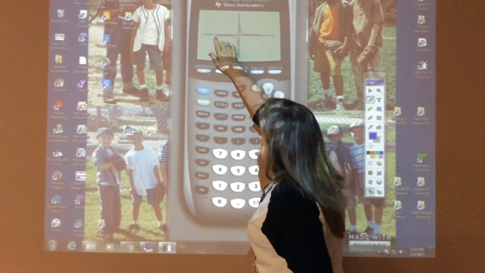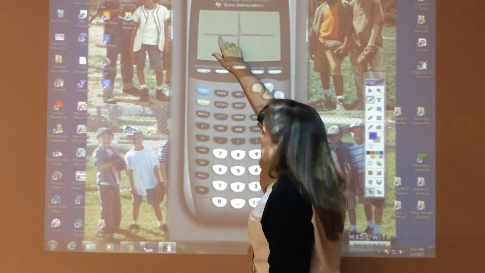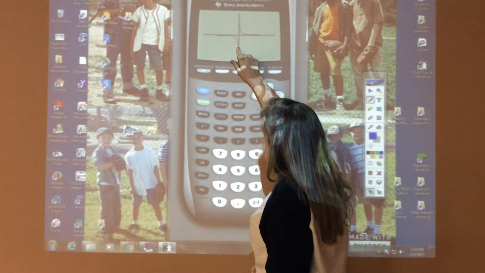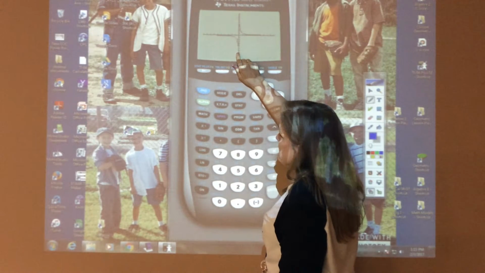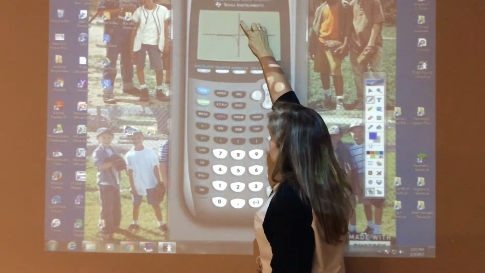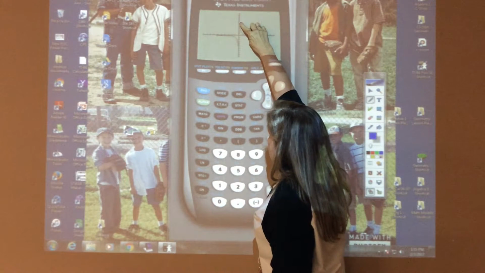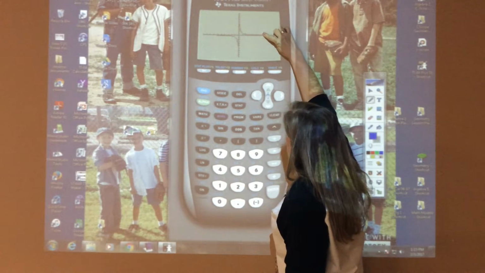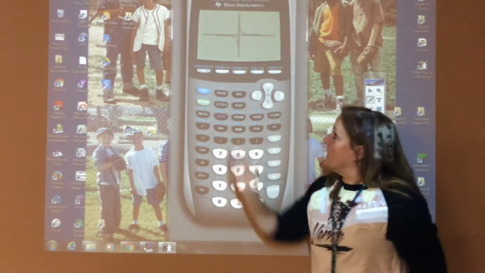Notice that this is close to 0 here. It never touches. It also goes close to the y-axis here and never touches. Same thing here, close to the y-axis, never touches. Close to the x-axis, never touches.